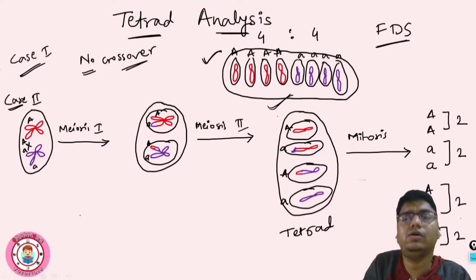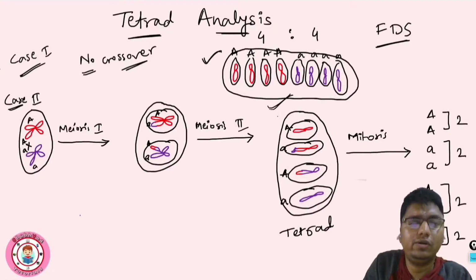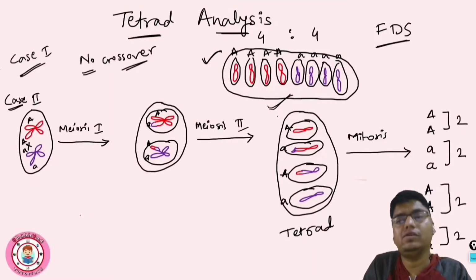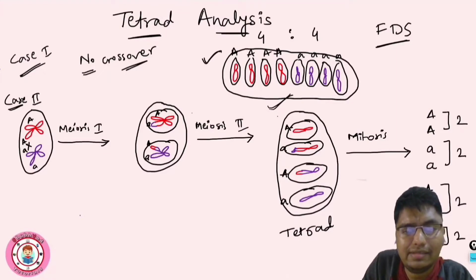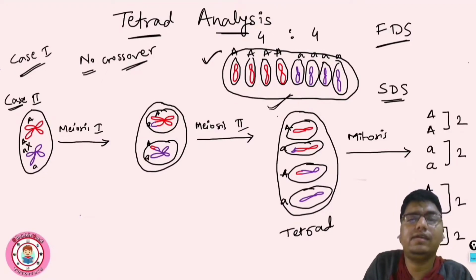Do note that I have not drawn it here; I have just written what will come after mitosis: capital A 2, then small a 2, then again capital A 2, and then again small a 2. So this is the ratio in case 2, SDS, known as second division segregation. So this is case 2.